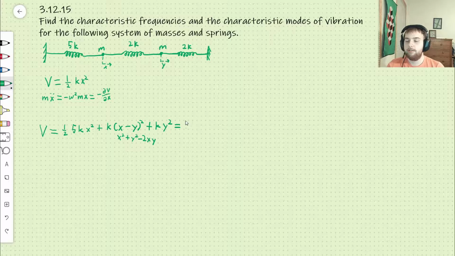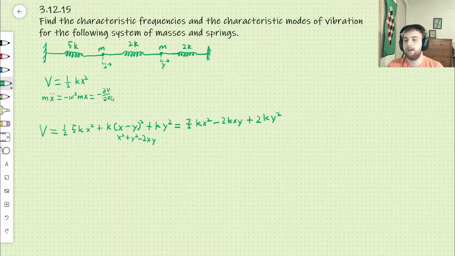Rewriting this, we can see some of these are going to combine. So 7/2 kx squared minus 2kxy plus 2ky squared.